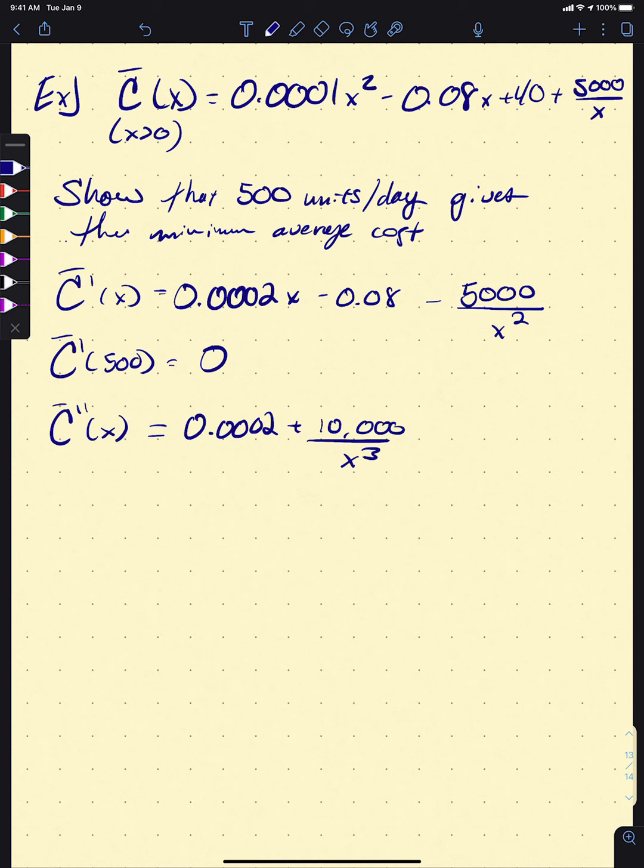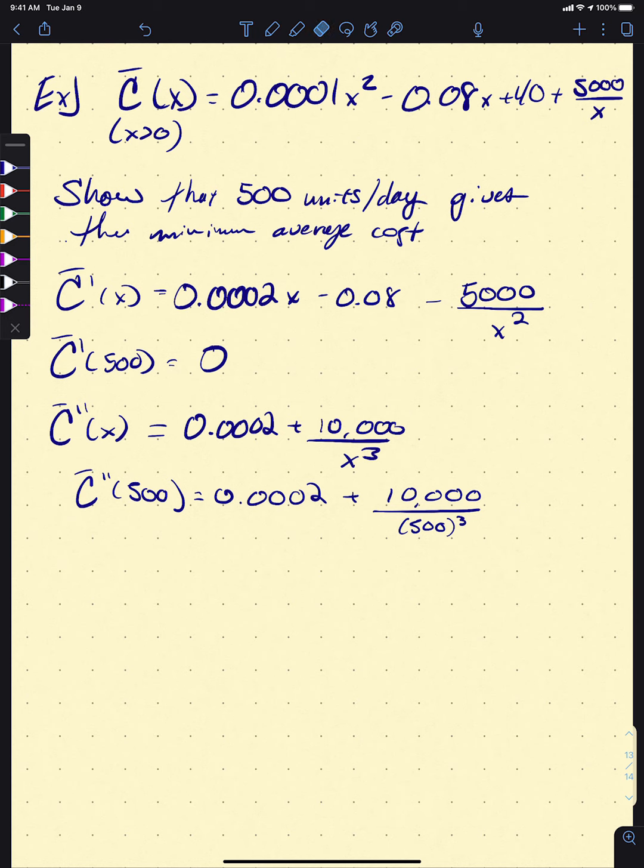And here's what I want you to notice. When you plug 500 into this, you're going to get a number, clearly. We don't, thankfully, need to calculate 500 cubed or divide 10,000 by that.